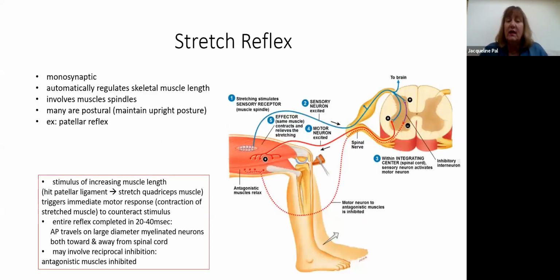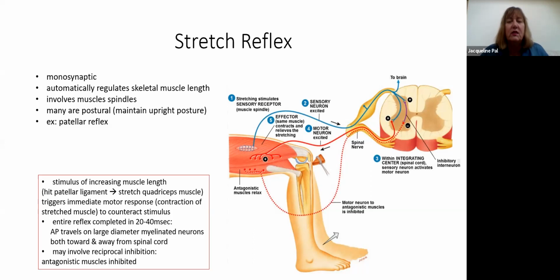And we're going to start with one that we have alluded to for weeks now, and that is called the stretch reflex, which is, in its simplest form, a monosynaptic reflex. So in the picture to the right, it's only including the blue neuron and the red neuron.